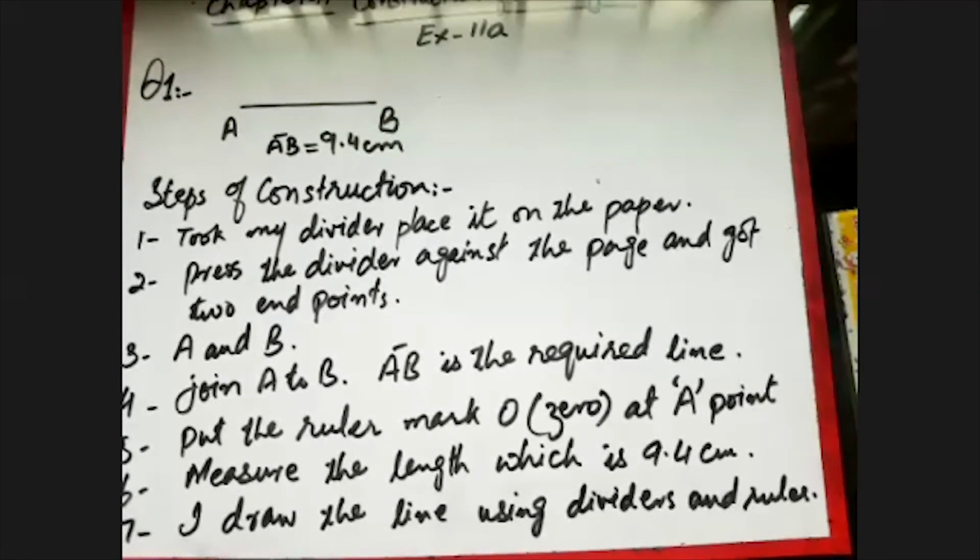You make a line AB and you measure it. You find its length is 4 centimeter, 5 centimeter, or 9.4 centimeter as I drew on the board. So any measurement of the line could be there. It's your own choice, but you have to write down the steps of construction like this.